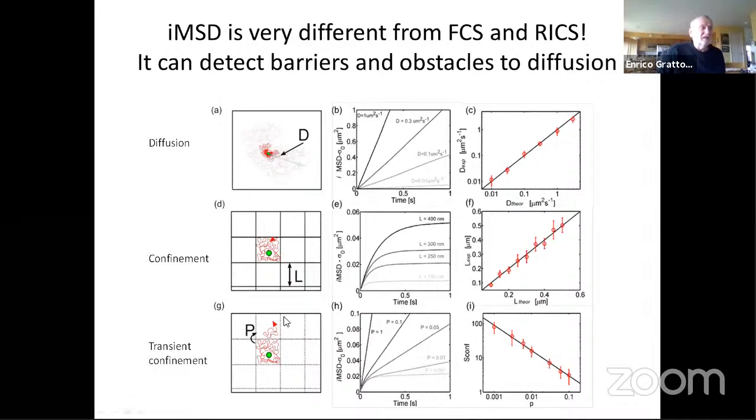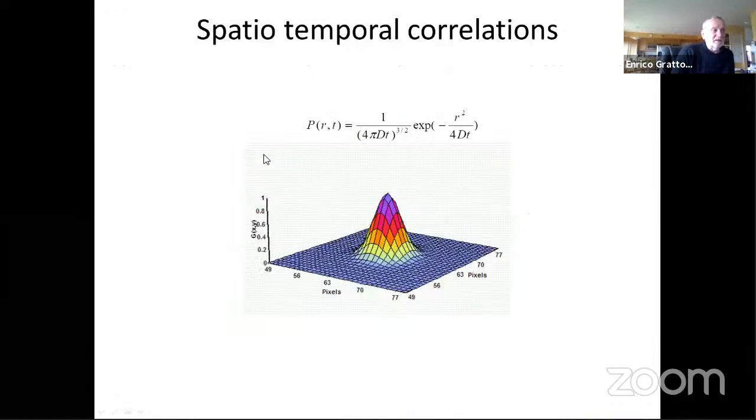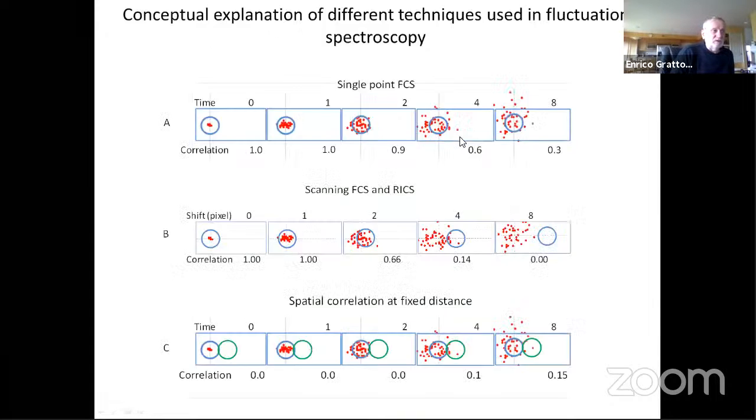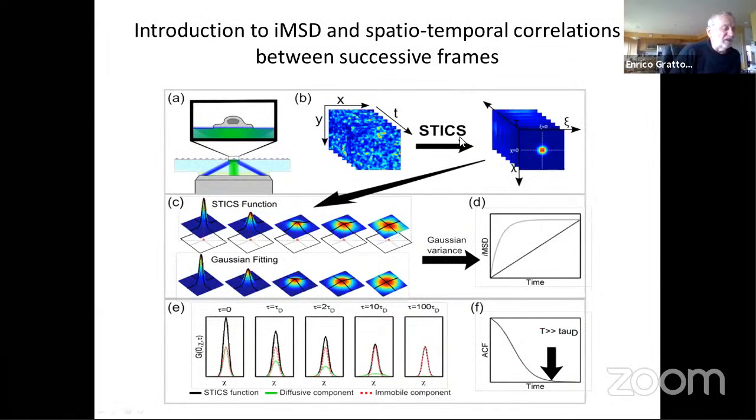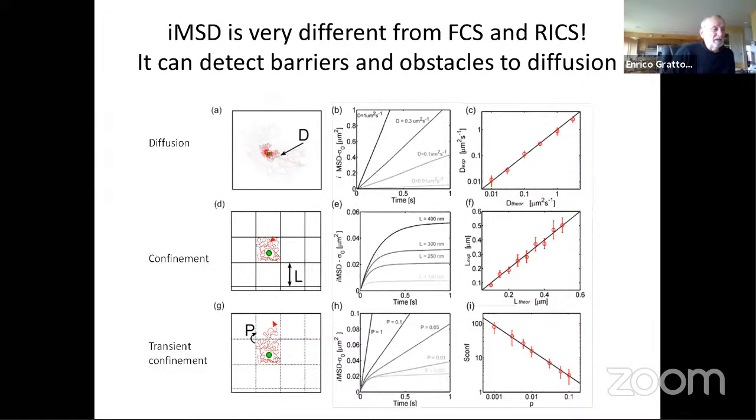Okay, so let us see what the IMSD will measure, and I will show you the equation for that. As a function of time, if we have pure diffusion, we will measure exactly what this expression was saying. The Gaussian expression will increase linearly with time. By changing linearly with time, we can see that the slope of the curve will depend on the diffusion coefficient.